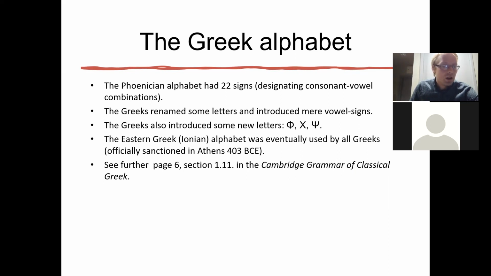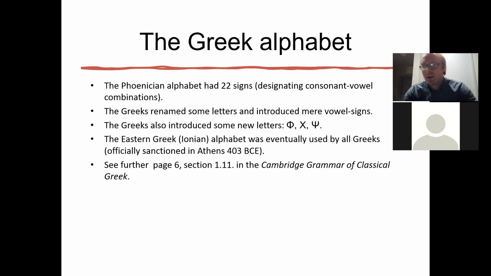This is also the alphabet we will learn, and which is still in use today in Greece. You find the alphabet on page 3, section 1.1 in the Cambridge Grammar of Classical Greek, which we use on this course.